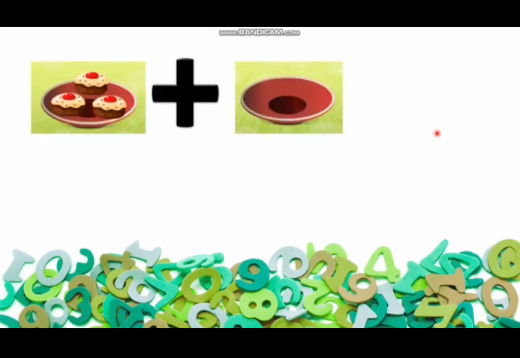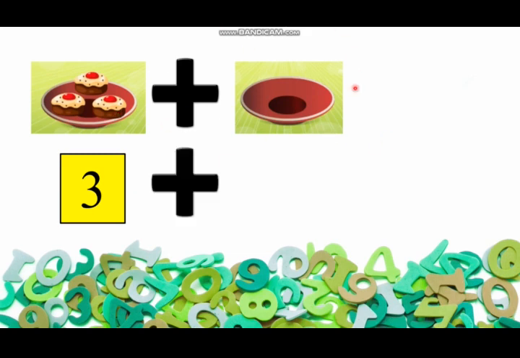Now I have the next question for you. Let me see if you can answer. Okay, we have cakes here, delicious cake. Can you see how many cakes are there here? 1, 2 and 3. So the question is 3 plus how many cakes are there in this plate? Yes, nothing.